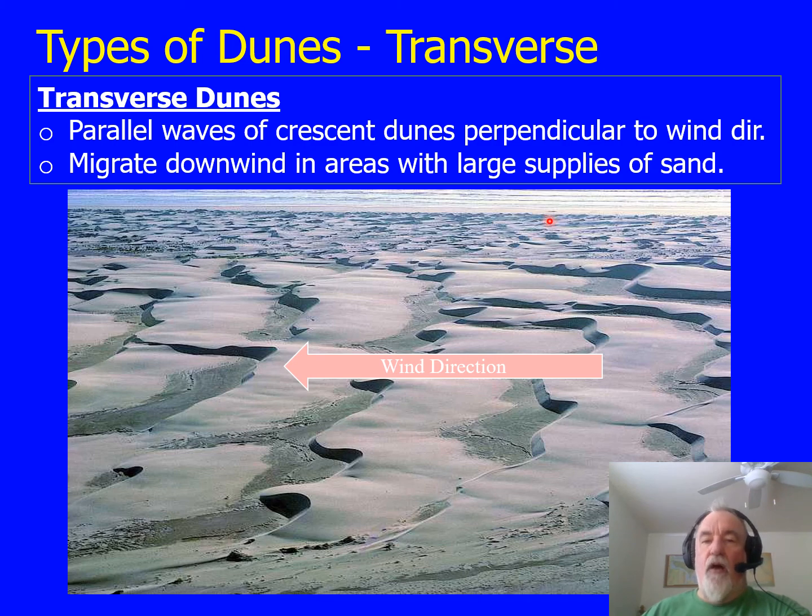They are perpendicular to the wind. So they line up parallel to one another, and that parallel nature is perpendicular to the wind direction. We would call those transverse dunes. We can only get these forming when we have an abundant supply of sand downwind. Otherwise, it wouldn't be enough to create so many dunes like this.